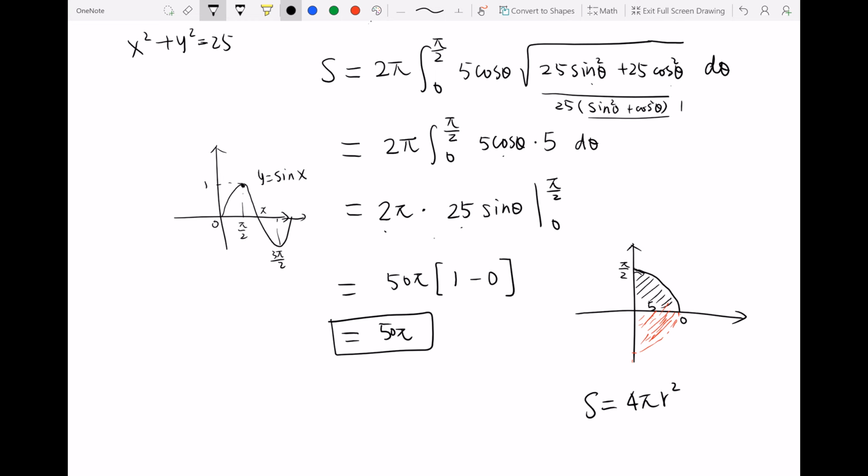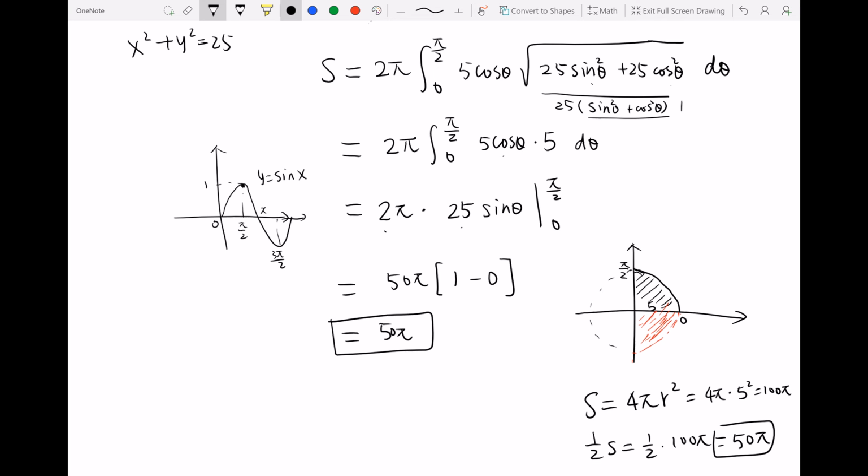So the whole sphere is 4 pi r squared, and it's 4 pi times 5 squared, which is 100 pi. But now, since I just revolved this side, I only have a half sphere. So it's half of S equals 1/2 times 100 pi equals 50 pi. So you still get exactly the same answer as this one.